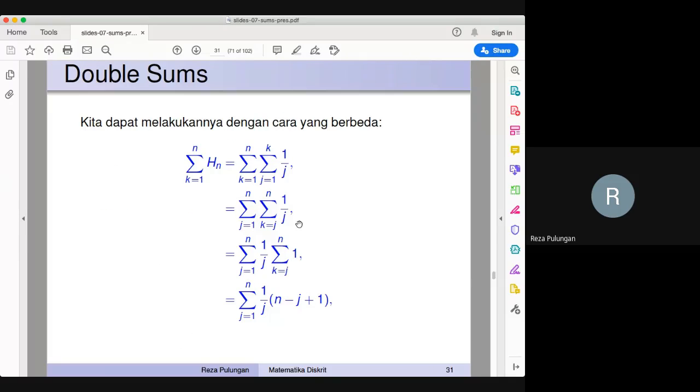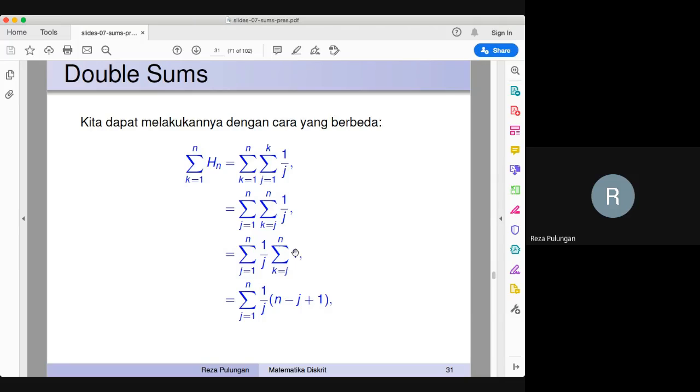Now, let's look first at this one. This is easy. For k is equal to j until n, this is multiplied by 1. Why is it multiplied by 1? Think about it. And this is 1 divided by j, so we just have to move it inside. This becomes the summation of k equal to j until n of 1.